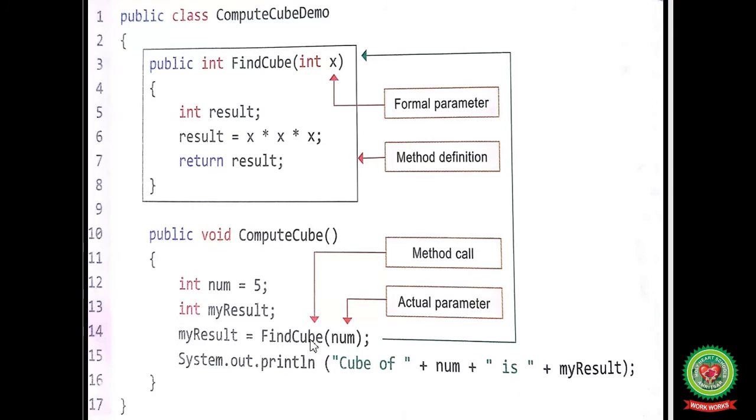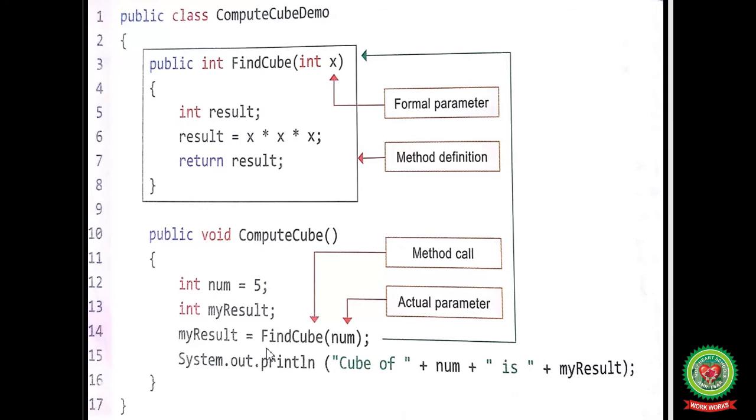Now this findCube is the method call, that is, calling this function at line number 3. And this num variable is known as the actual parameter. So students, this computeCube is the super function and findCube is the subfunction.